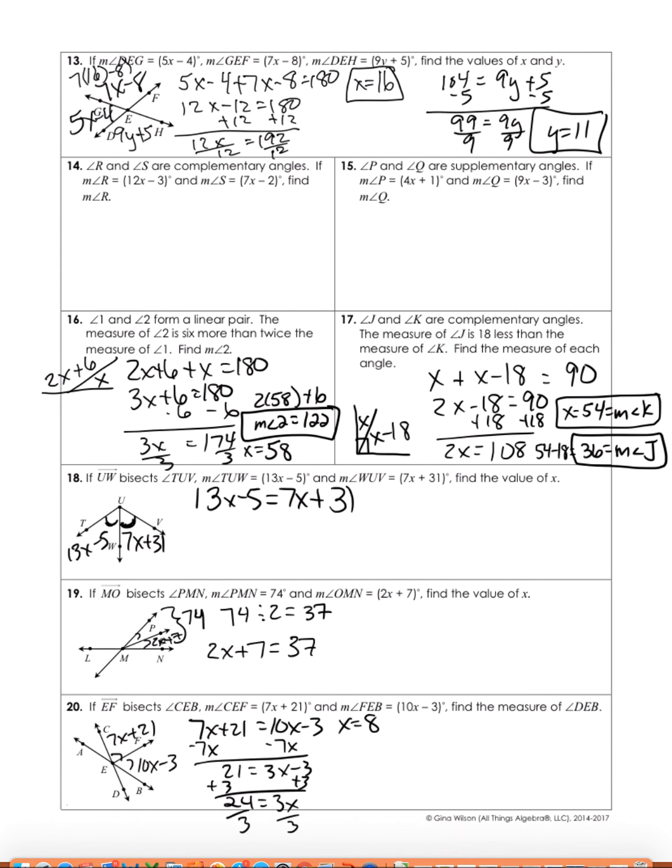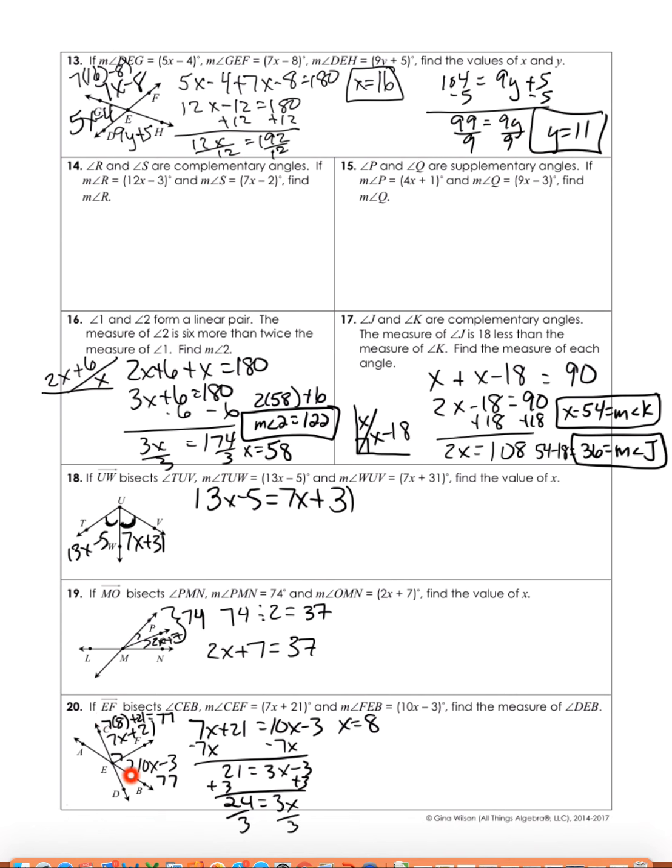Okay, now I'm trying to find DEB, which is right here. So I'm going to have to take this 8 and plug it into here. 7 times 8 is 56, plus 21 is 77. Well, if that's 77, this is 77 also. Now, all three of these will make a straight line.